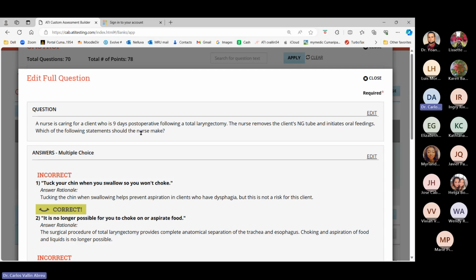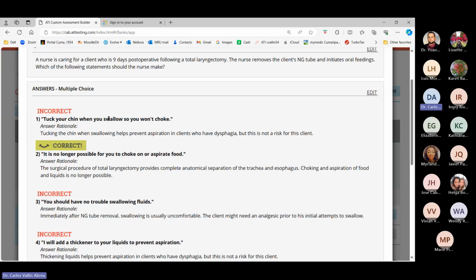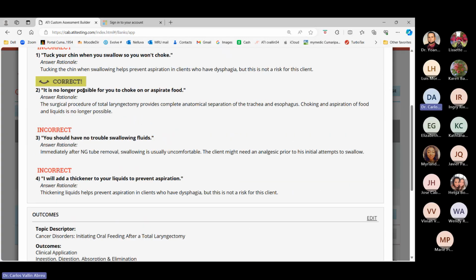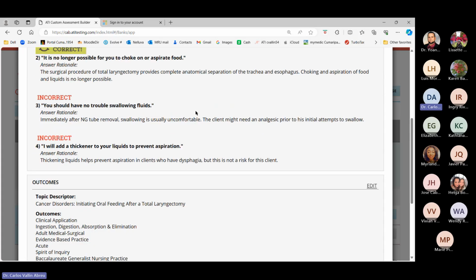Which of the following statements should the nurse make? Tuck your chin when you swallow so you won't choke. It is no longer possible for you to choke on or aspirate food. You should have no trouble swallowing fluids. I will add a thickener to your liquid to prevent aspiration.